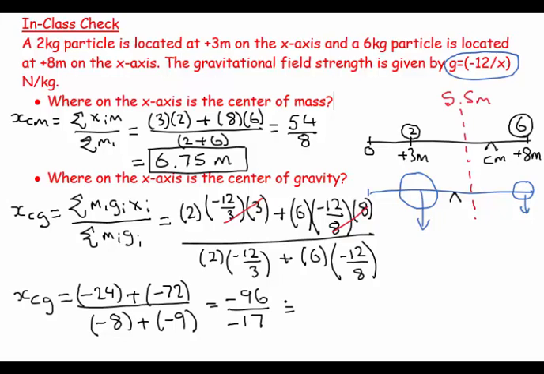Minus 96 over minus 17. 96 divided by 17 will give me 5.65, which equals 5.65 meters.